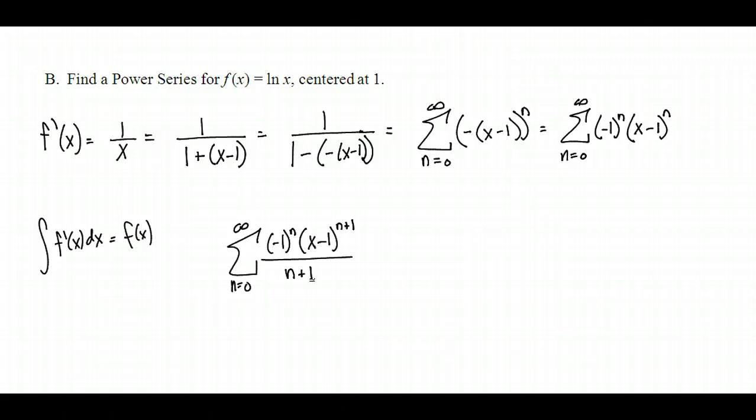Kind of weird about this situation, what we have to be careful about is where we're actually going to start this thing. If I say that n is equal to 0, and I plug in a 0, okay, the denominator is fine. But if I plug a 0 into the numerator, my first term is x minus 1 to the power of 1, so it would be x minus 1.